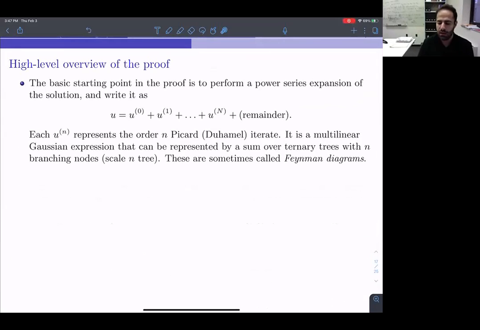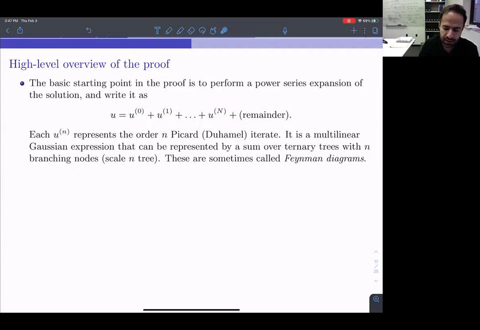So the main idea of the proof, which is common in all those diagrammatic proofs, is to expand your solutions in terms of a power series. So you write U as U0 plus U1 plus UN plus a remainder, where those are essentially the iterates of the solution.